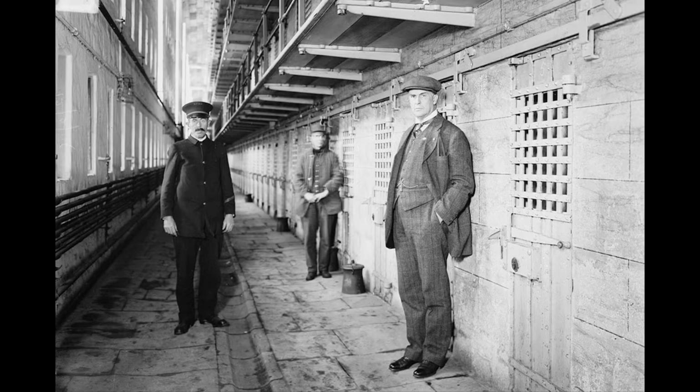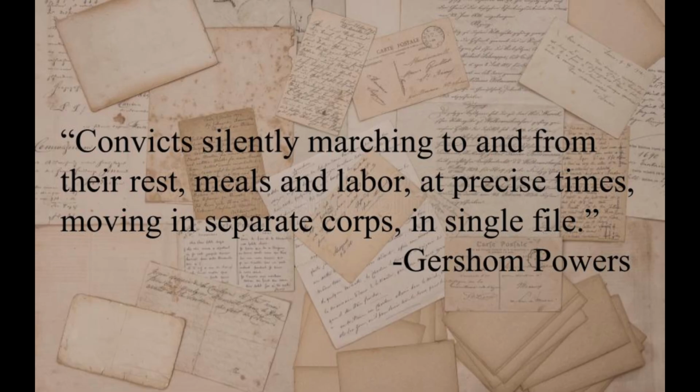Despite the reasoning that the environment can heavily impact the prisoner's states, the role of hierarchy and enforcement of a system is still more impactful. Upton mentions Gershom Powers, who says the prisons had convicts silently marching to and from their rest, meals, and labor at precise times, moving in separate corps in single file.